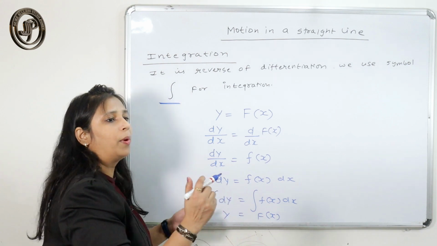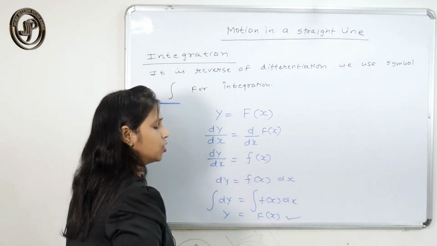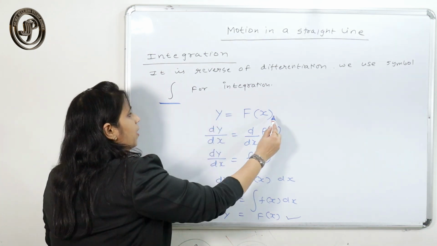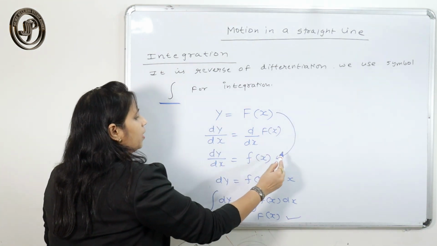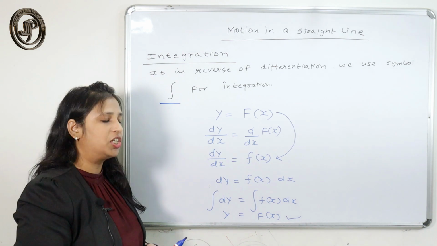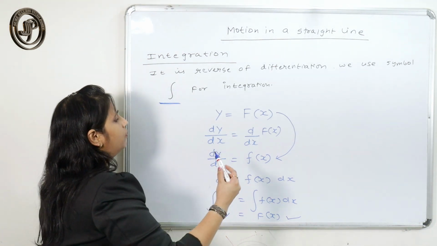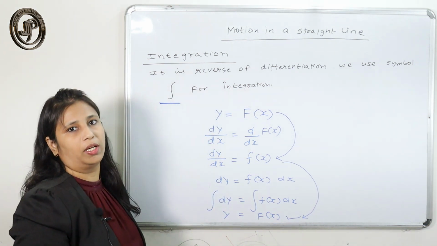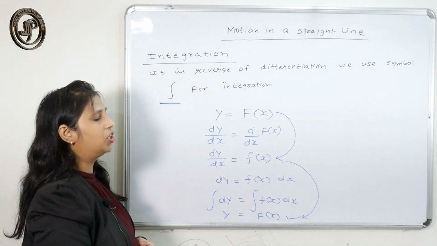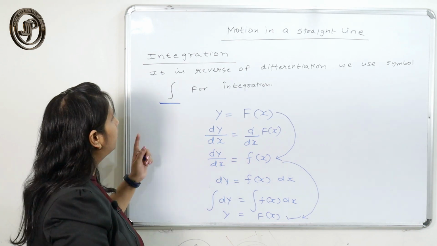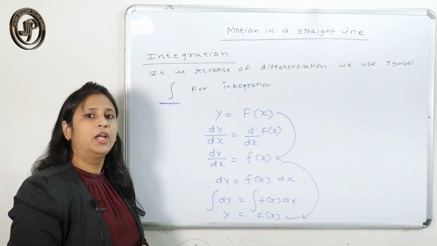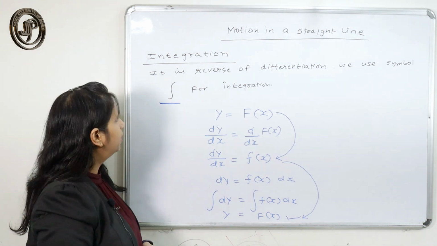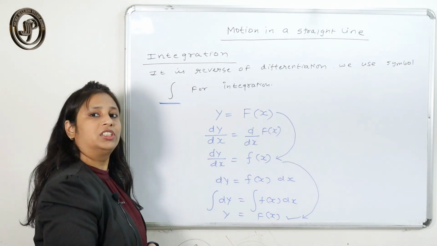Infinitesimally small values added up give the large value. So from the large value we get the small value by differentiation, and with integration we convert the small value back into a large value. That is why differentiation and integration are reciprocal to each other. That is the concept of integration.